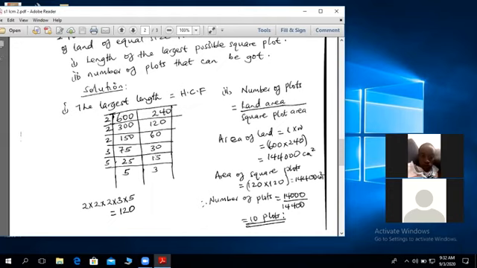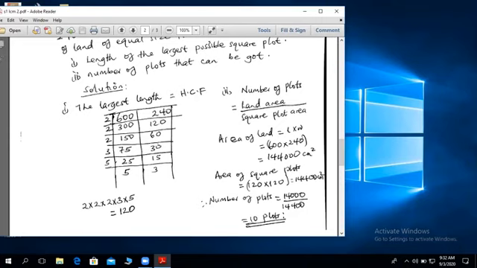So let's make this correction. Thank you so much. This is supposed to be 10. Can you correct that? Though it does not change the final answer, but let's correct it. This one here is supposed to be 10.